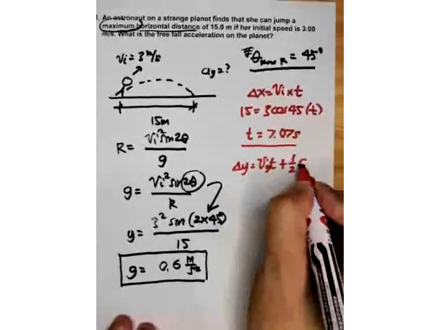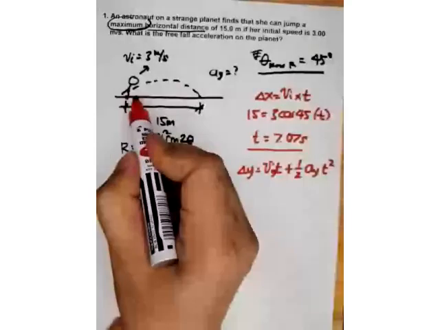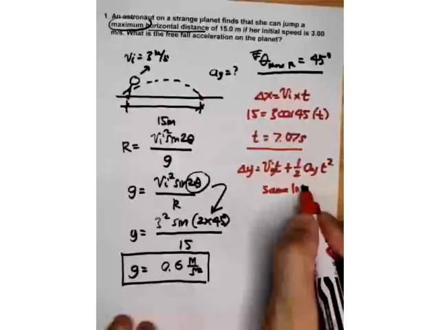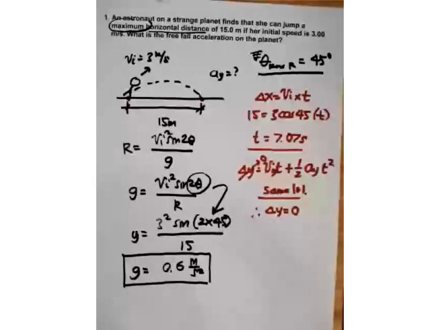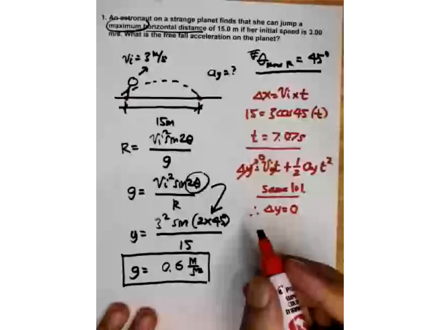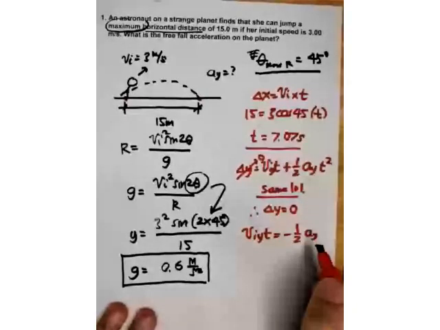And apply natin siya sa delta y is VIYT plus 1/2 AYT squared. Okay, but delta y is equal to, class, kung mula siya dito at pumunta dito at the same level, so therefore, delta y is equal to 0. So transpose natin sa kabila. Hindi, mali.